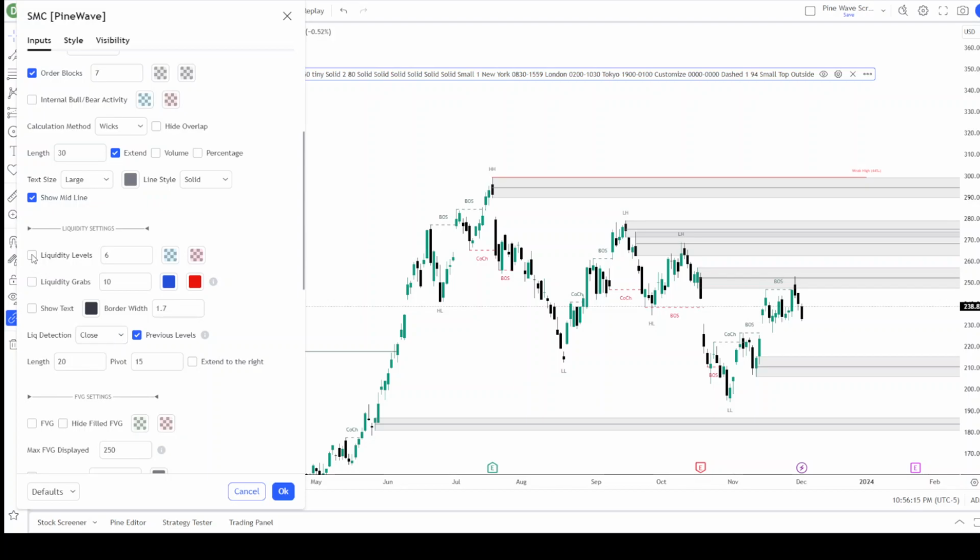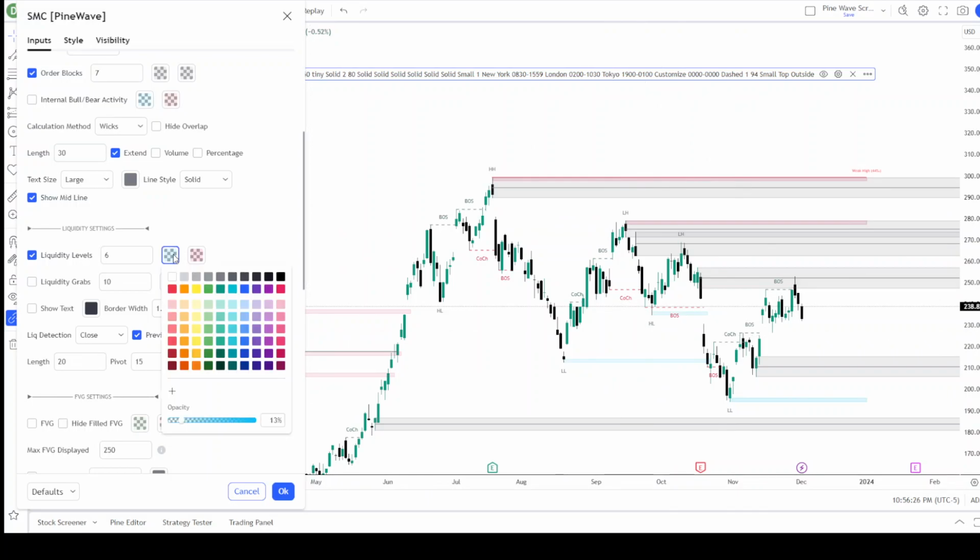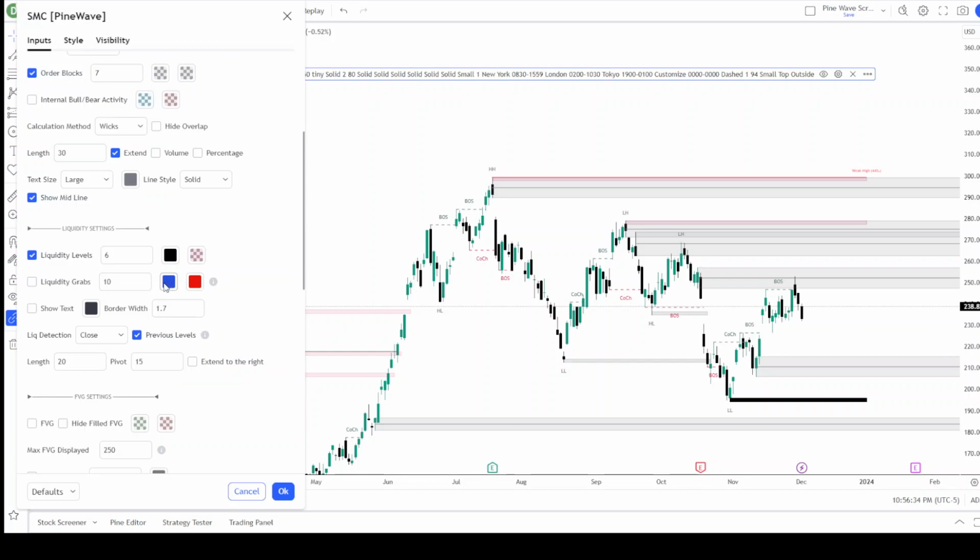Then we're going to look at liquidity levels. Okay, so the next thing we can do, we can see liquidity. We got blue. Okay, we got red. I would change the colors. Wonder if that's the thickness.